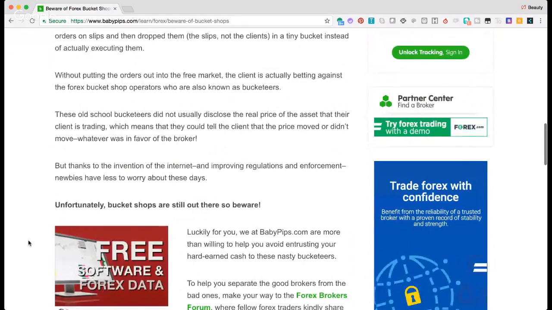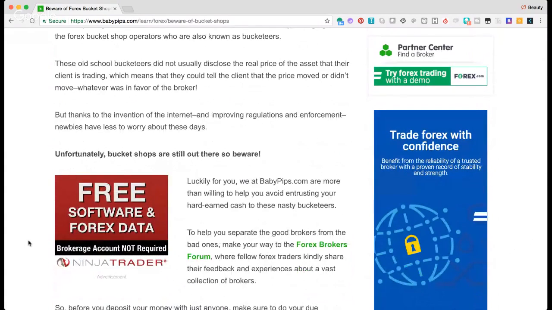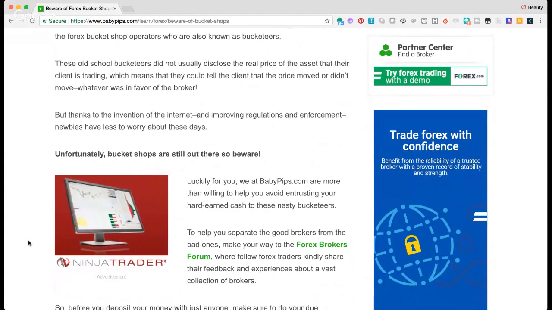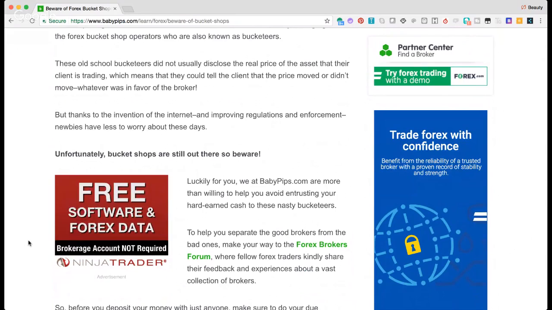These old school bucketeers did not usually disclose the real price of the asset that their client is trading, which means that they could tell the client that the price moved or didn't move, whatever was in favor of the broker. But thanks to the invention of the internet and improving regulations and enforcement, newbies have less to worry about these days.